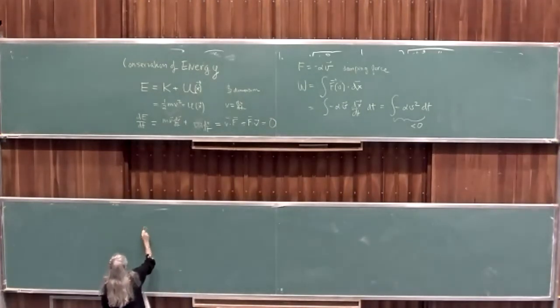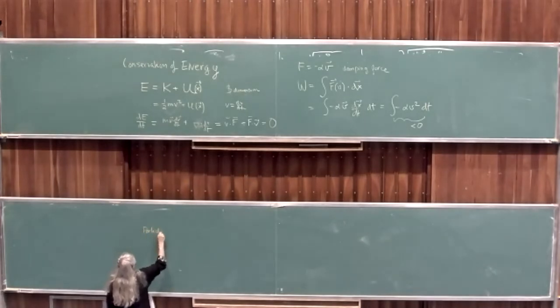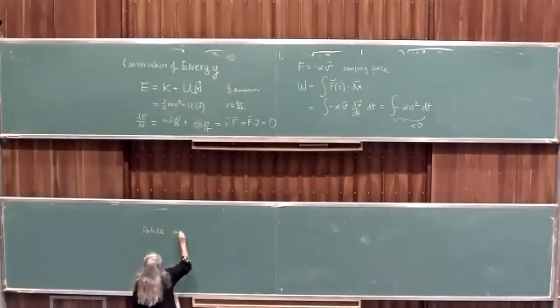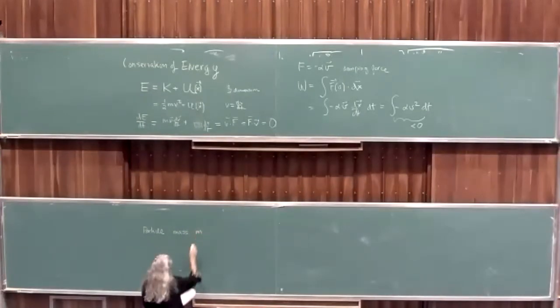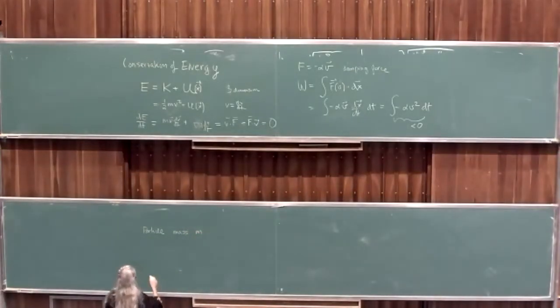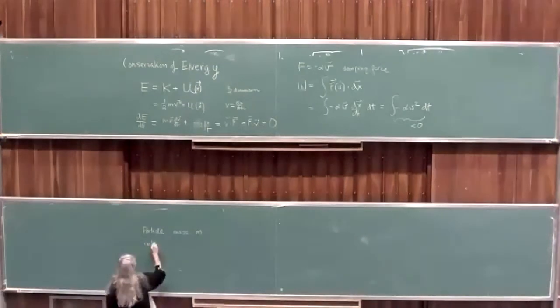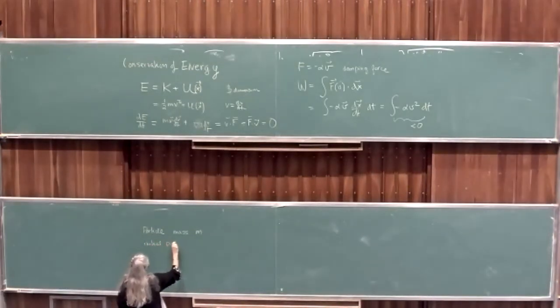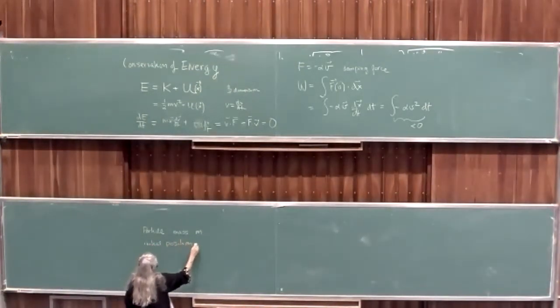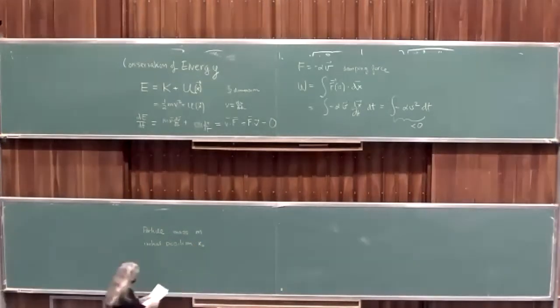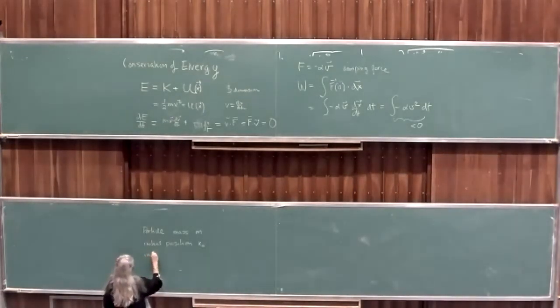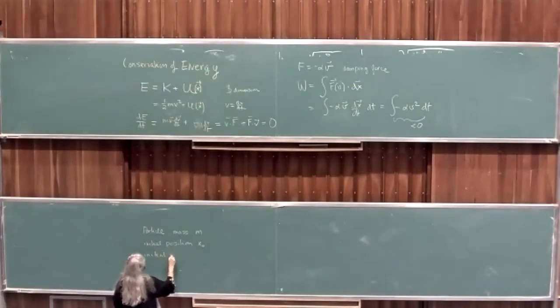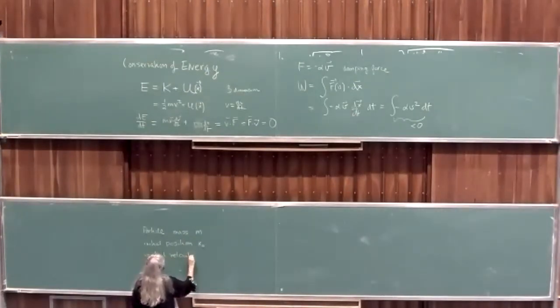So we have a particle, and it has mass m, and it has initial position x0, and it has an initial velocity, sorry, V0.